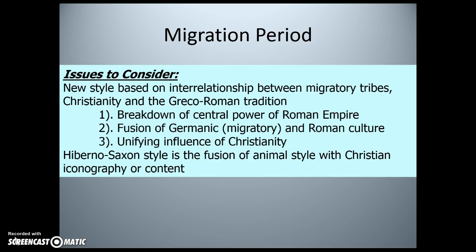So Christianity kind of brings Roman culture and infuses it with the styles and some of the traditions of these invading migratory tribes. So Hiberno-Saxon style is a fusion of animal style with Christian iconography or content. So it looks quite different than the Byzantine art that we studied in the East.